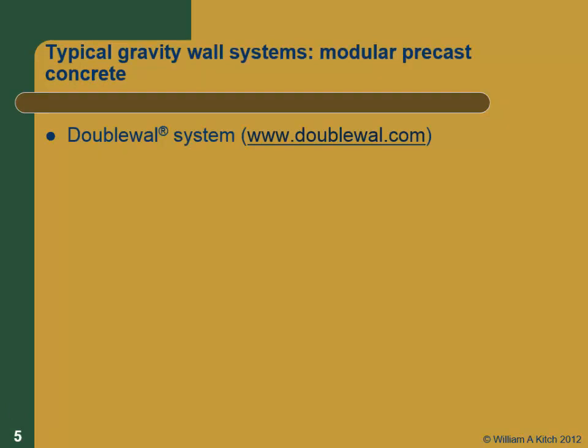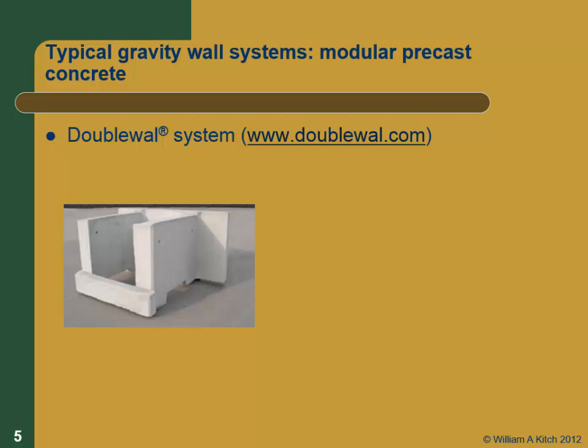There are a lot of precast modular wall systems, and I've uploaded for you in this section the guidelines for this particular system called double wall, and for another one called the T-wall. I think that's right. We'll see in a second. But this is the double wall system.